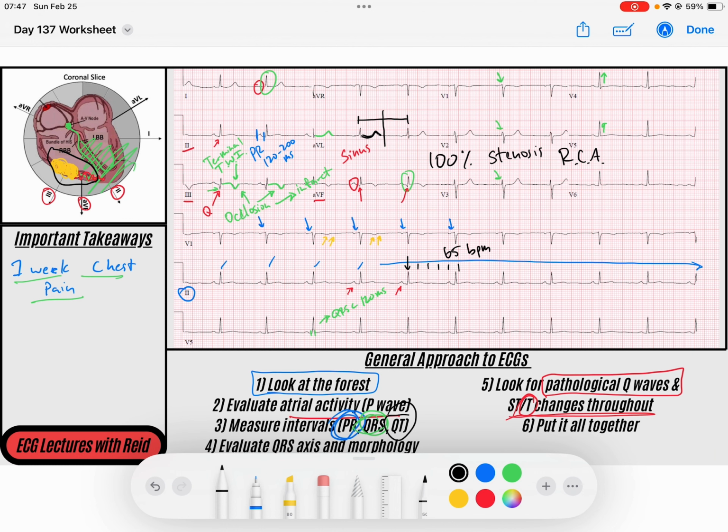So, terminal T wave inversions with some of those hyperacute T waves, especially in the presence of a pathological Q wave, should make you think that maybe this is a myocardial infarction that is just progressive, or that has progressed, right? And we're sort of at the tail end of that.